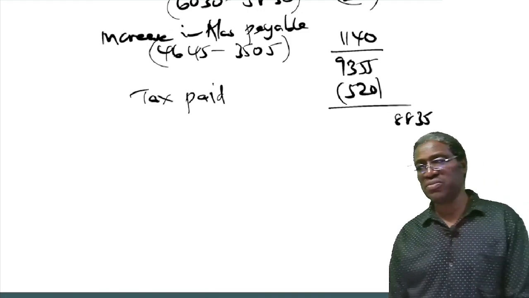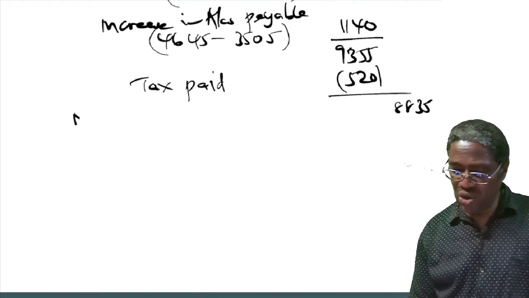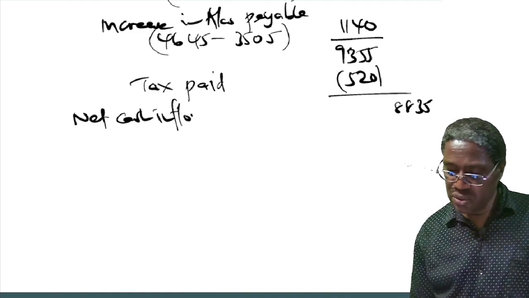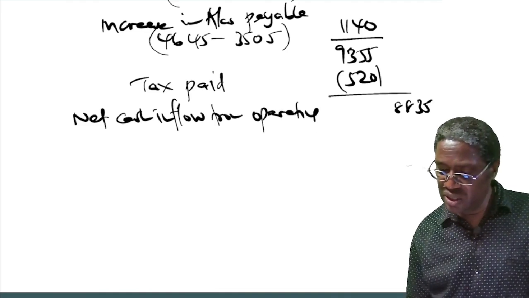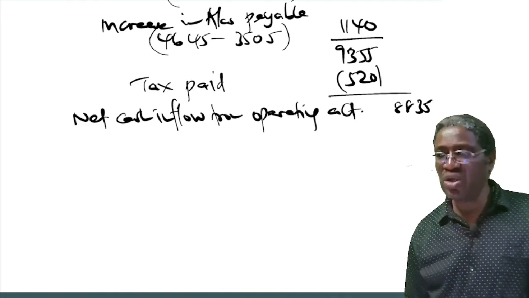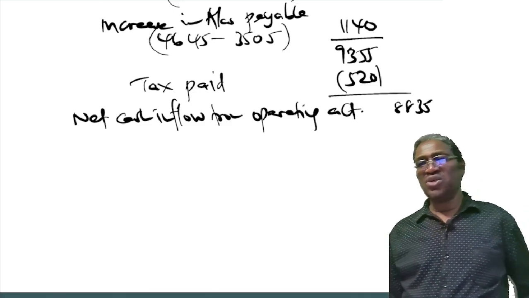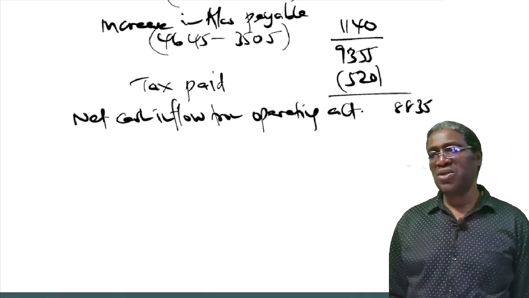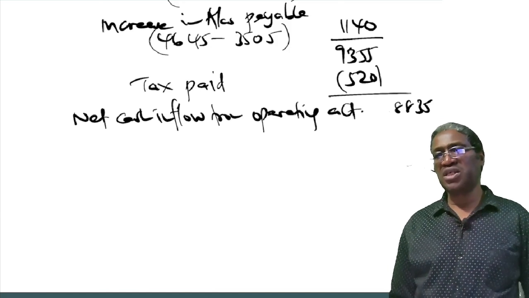Because it's a positive amount, we normally call it net cash inflow from operating activities. If it was a negative, you would call it net cash outflow. Otherwise, it's a positive, you call it net cash inflow from operating activities.